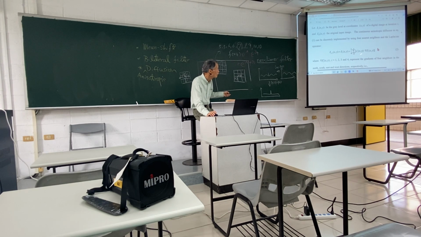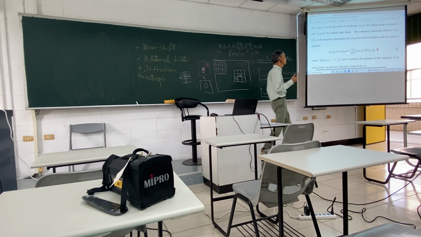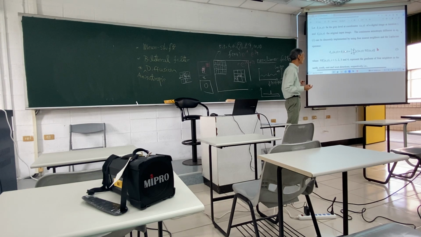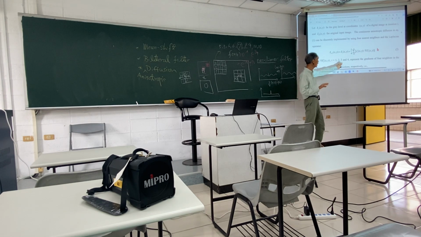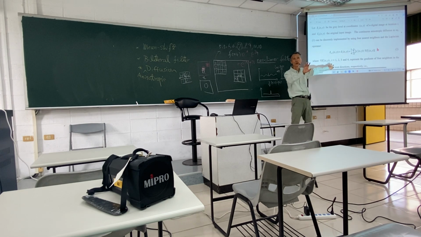If (x, y) is an edge point, an edge point of an object, which is very important, then in that case C should be very close to 0, which means it does nothing. It will retain the original edges.